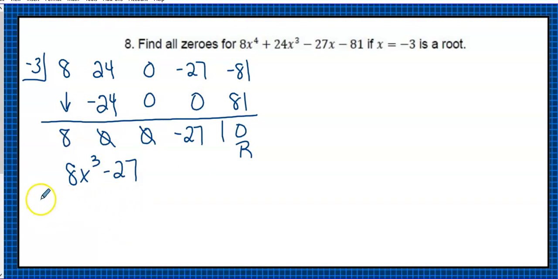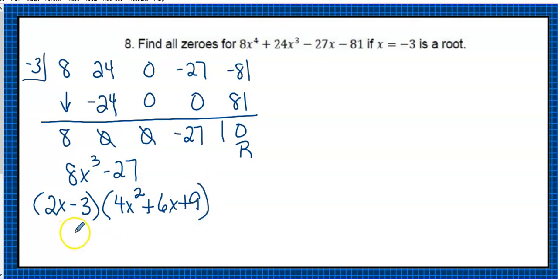My factors, when I do this, are going to be 2x minus 3, and then 4x squared plus 6x plus 9.